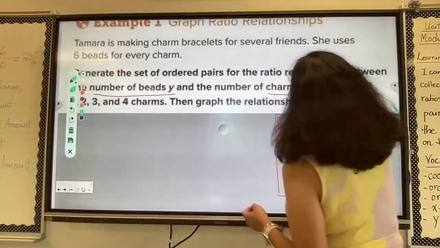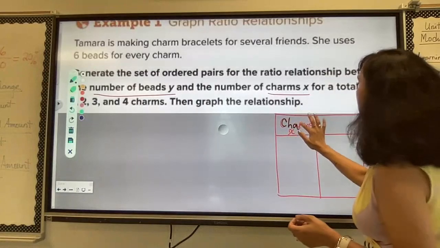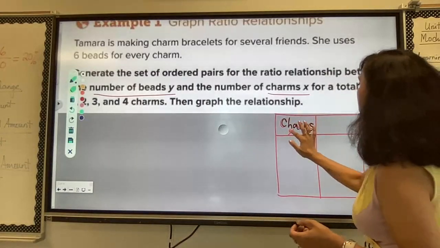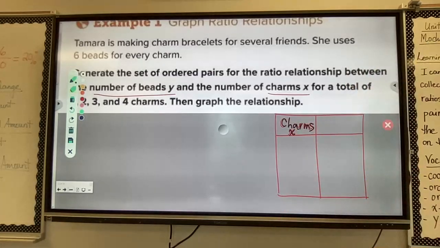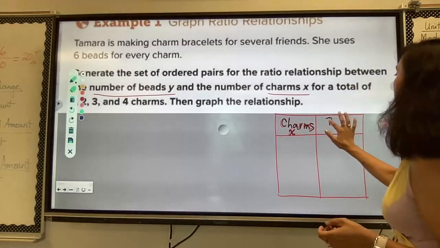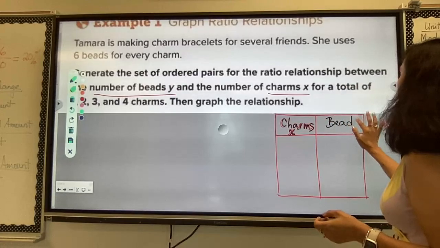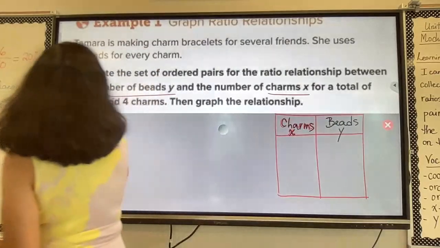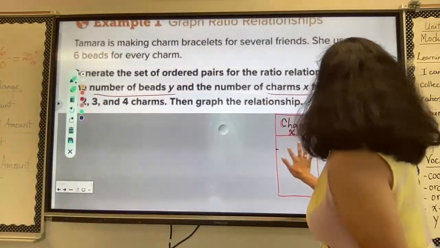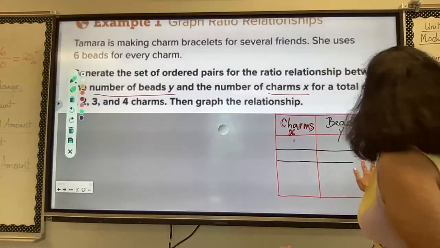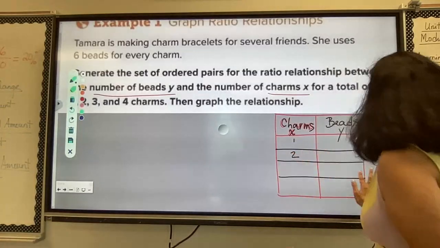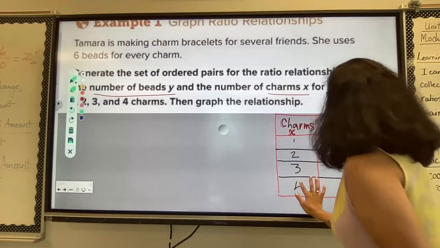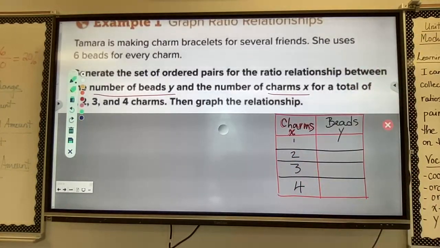Charms is X, and beads is Y. And then it's asking for 1, 2, 3, and 4 charms.